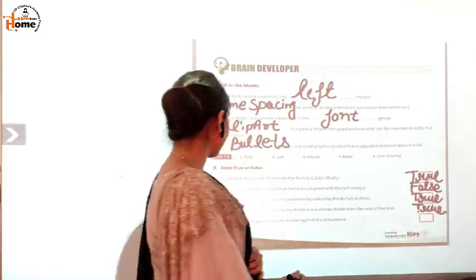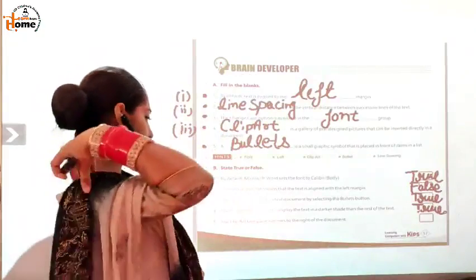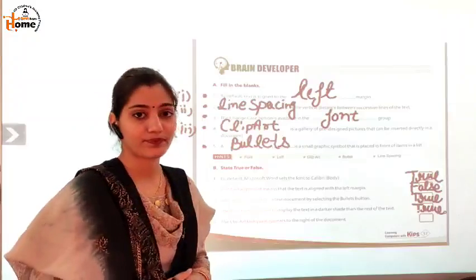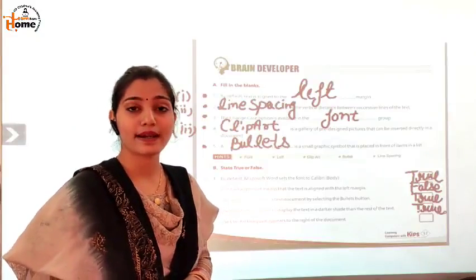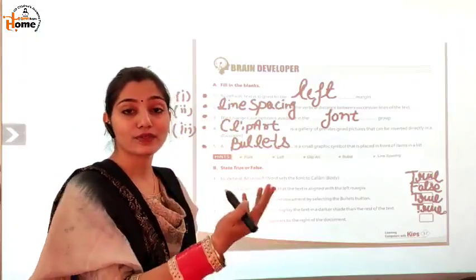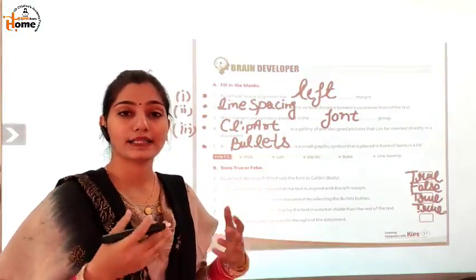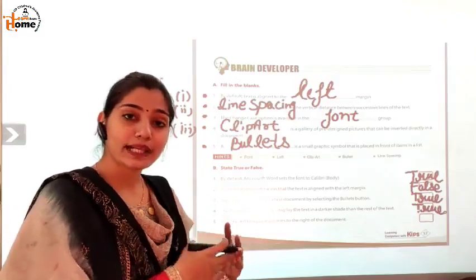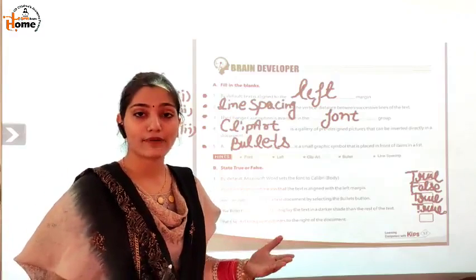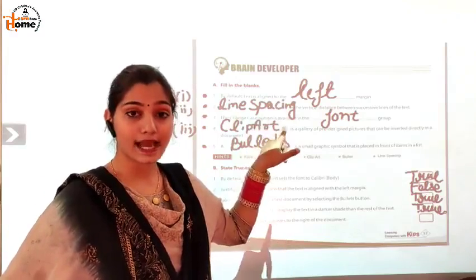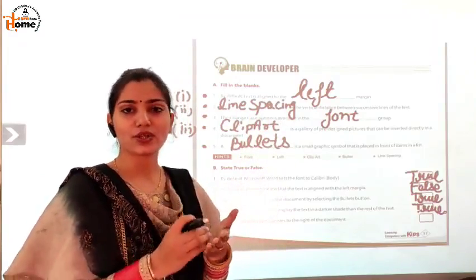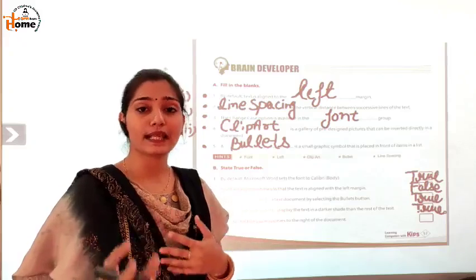Okay, next is, the clipart task pane appears to the right of the document. Yes, clipart task pane appears to the right of the document. If you want to insert the picture from the clipart, then you have to go in the insert tab and select clipart. Okay, you can insert picture, or there is an option to insert the clipart also.